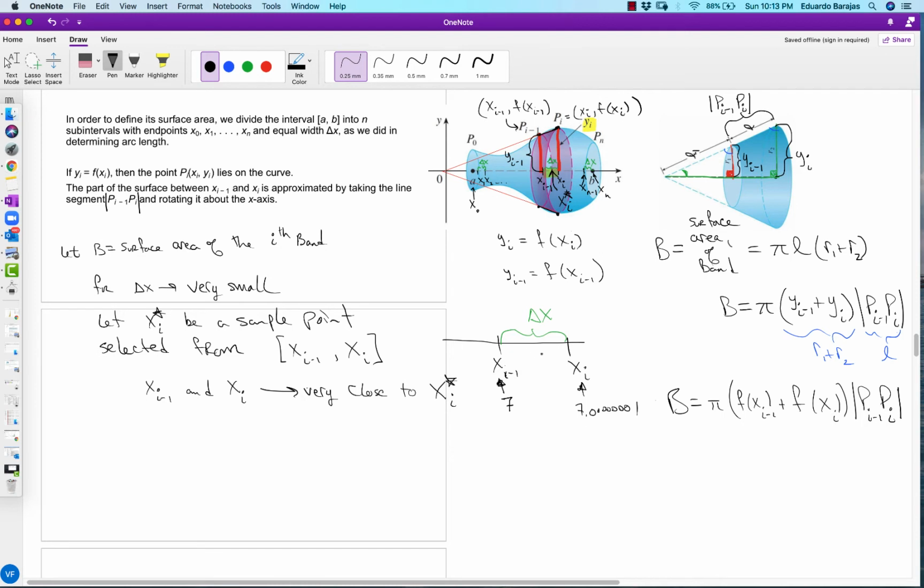And so when we choose a value somewhere in here, that's the sample point, x star sub i, the ith sample point. Somewhere in here, well, in order to be in there, it would have to be something like 0.1, 2, 3, 4, 5, 6, 7, 8, 9, 10, 11, 12, 13, 14, maybe something like that. I mean, that's what it would take for it to be somewhere in there. Lots of tiny little values.